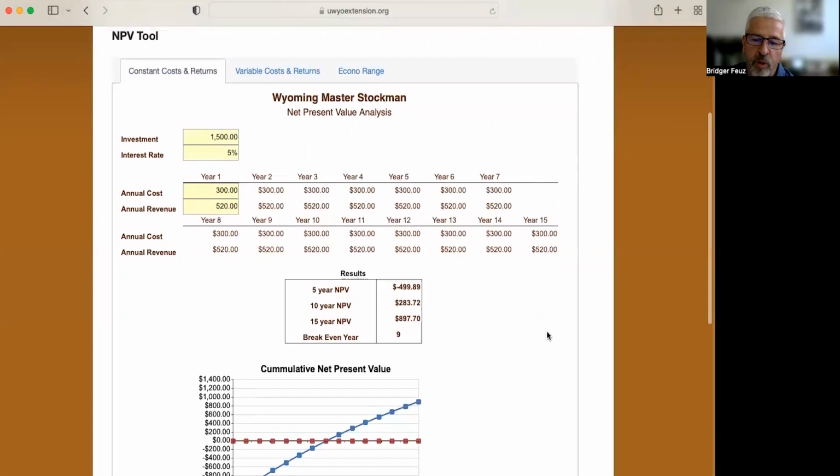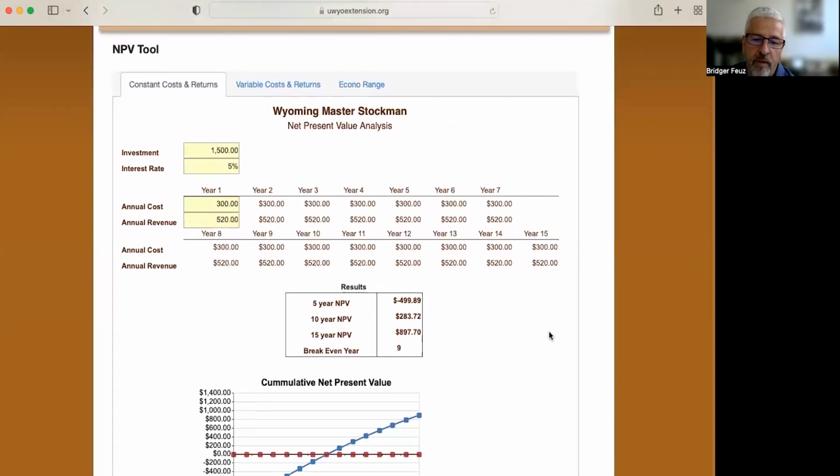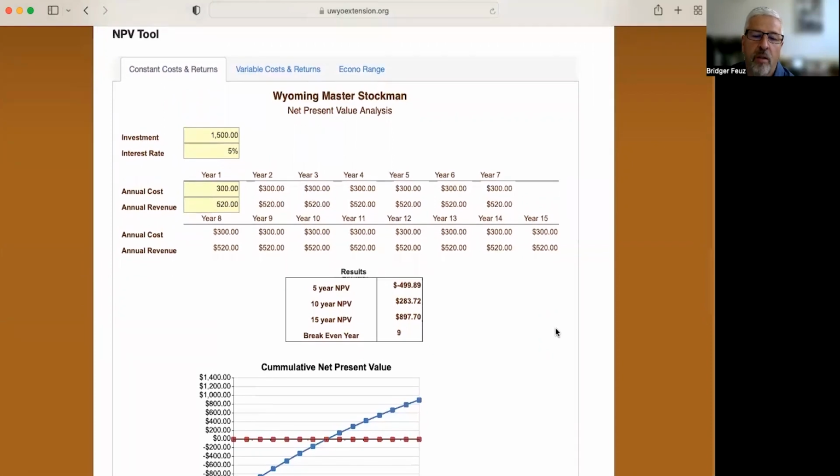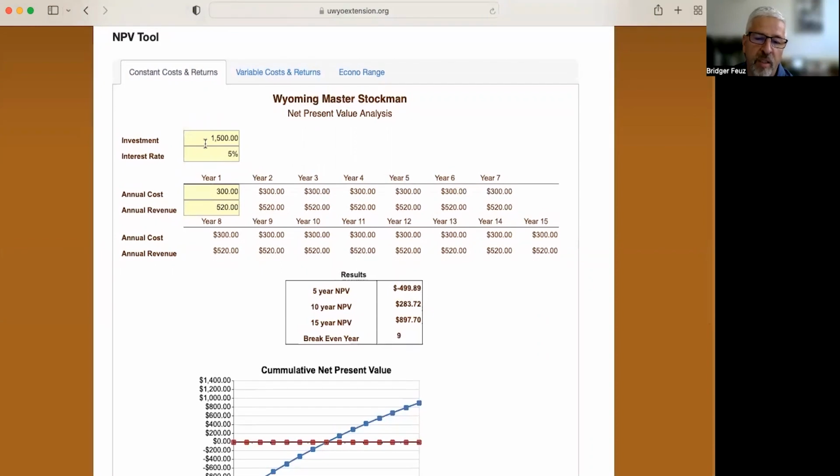So in this example, if our per acre cost of our pivot is $1,500, that's our cost, assuming that there may be some cost share in there to help with that. But if your cost is $1,500 an acre, you would enter that here in the investment.